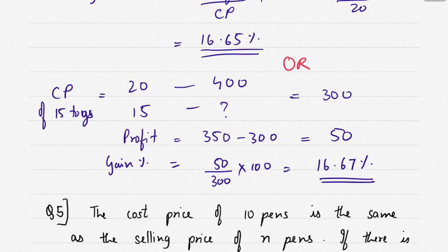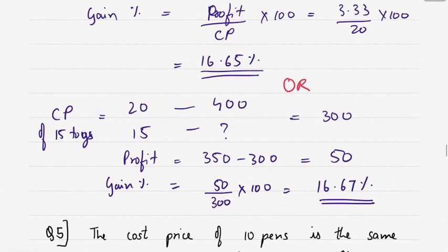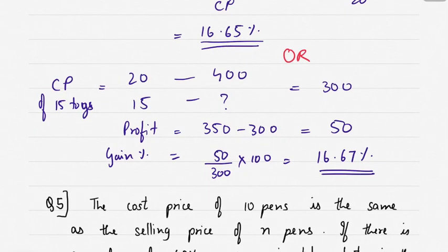Okay, this is the other way you can solve. There is a 0.02% difference. It is due to, because I took 3.33, it is actually 3.333333 like that. That's why there's a difference of 0.02%. That is okay. For both the answers you will get full marks.